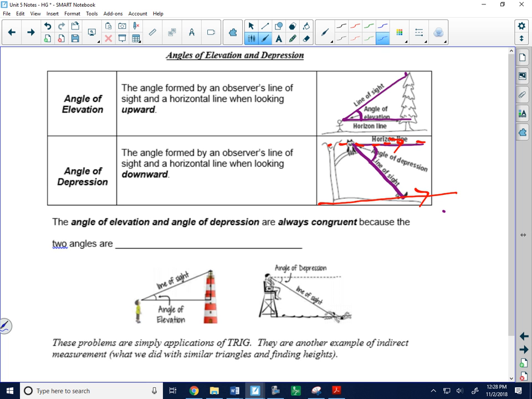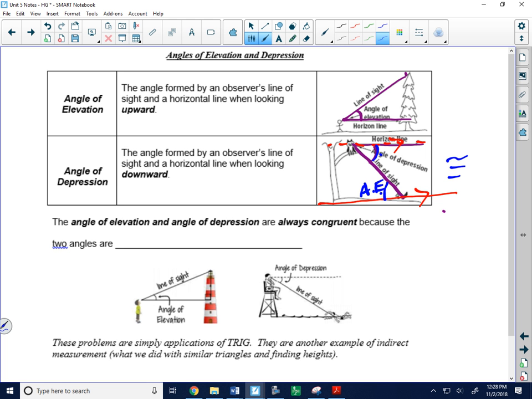What type of angles are that one and that one? Alternate interior. I'm just going to put AE, angle of elevation. That's the angle of elevation. That's the angle of depression. Because the lines are parallel and they're alternate interior, they're going to be congruent.